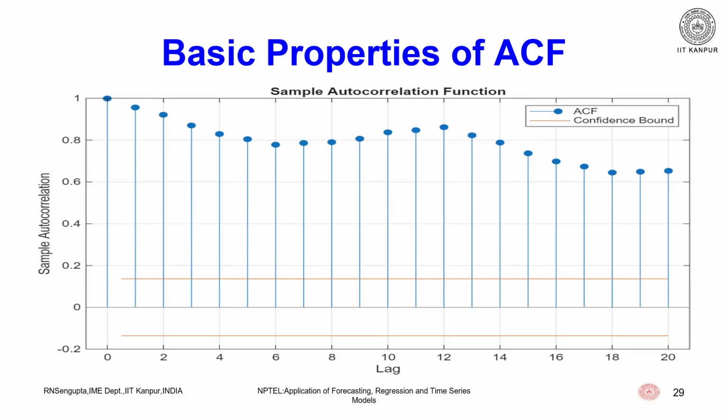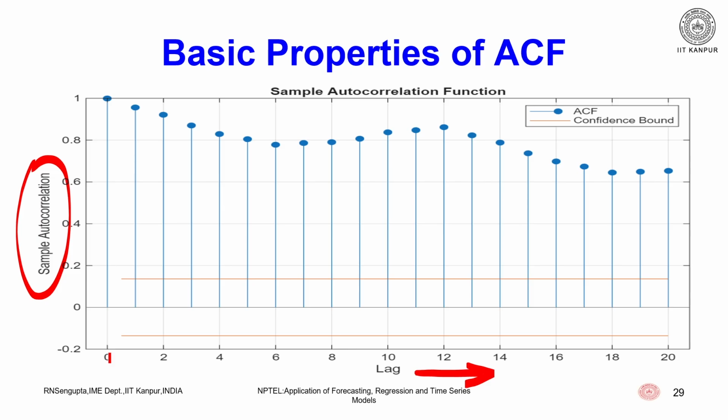Now, what am I doing? There are two charts, and if you read the charts, the x axis has the lags, where lag means the h. Depending on the time frame, lags can be 1 day, 1 week, 1 month. I am taking 1 unit at a time, depending on how the data has been put, and on the y axis you have the sample autocorrelation function being plotted.